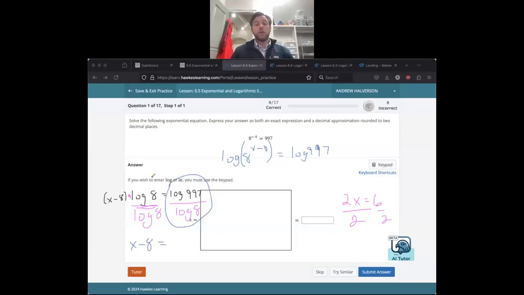Notice the base that I used is base 10 so that I could do it on my calculator. 997 log divided by 8 log gives me the value 3.32. Now you add 8 to both sides to finish solving, and we get 11.32. And that's the answer.